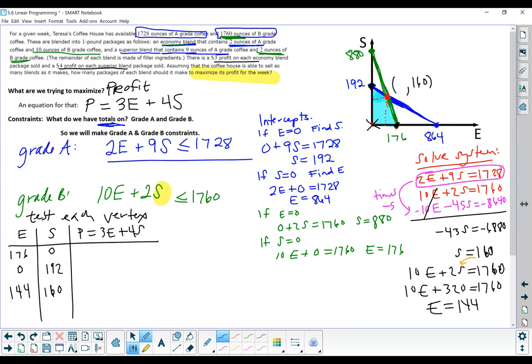So I have these 3 vertices that we're going to test, and we need to just sub them into our profit function. We're going to sub them in for the E and for the S. So if I do 3 times 176 plus 4 times 0, that gives me 528.